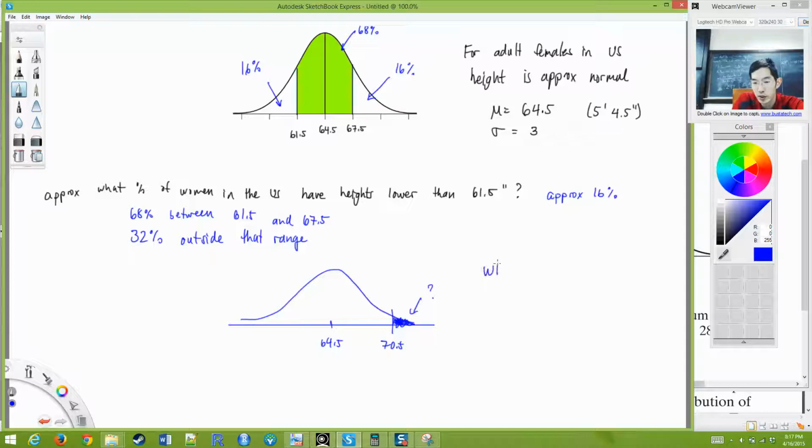So what percentage is taller than 70.5 inches? And we would say about 2.5%, right? Because we said about 95% are within 2 standard deviations, so we would expect 5% to be beyond 2 standard deviations from the mean. And again, that is split between the two ends, and so half of 5% would be 2.5%. Are there any questions or issues?